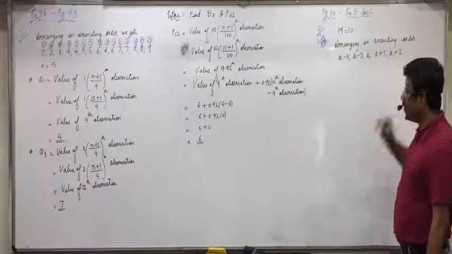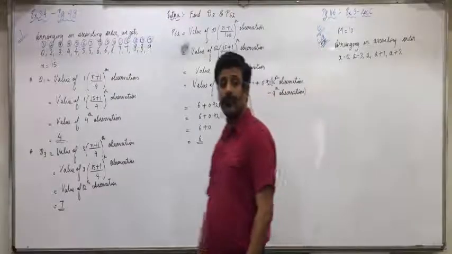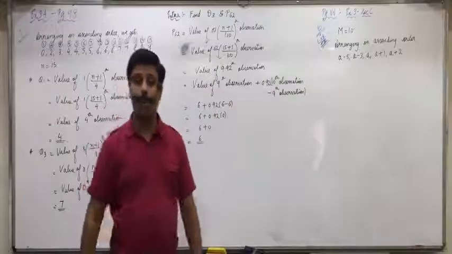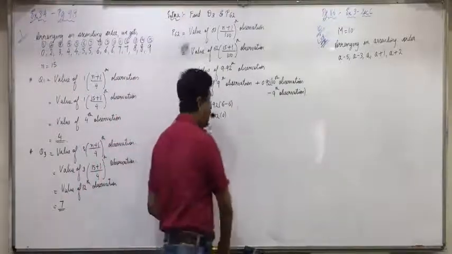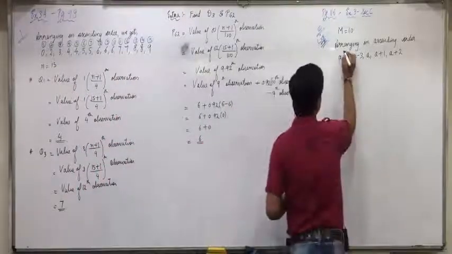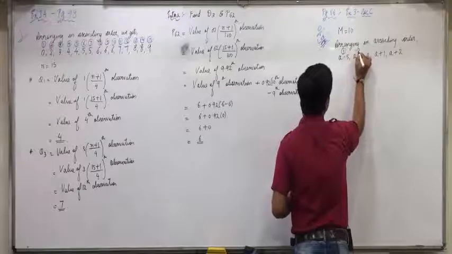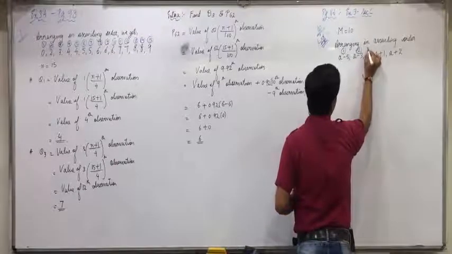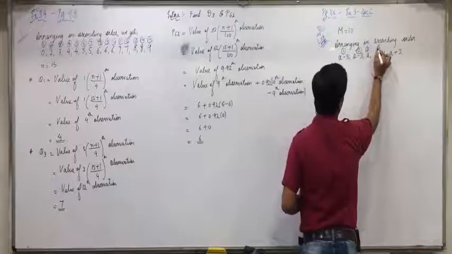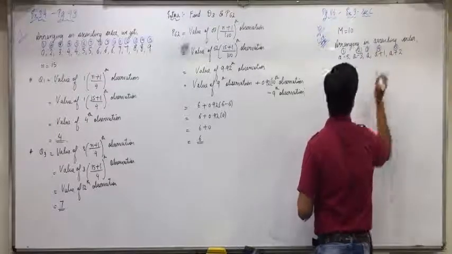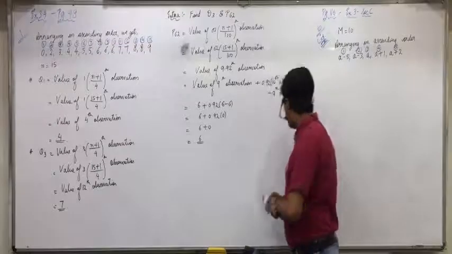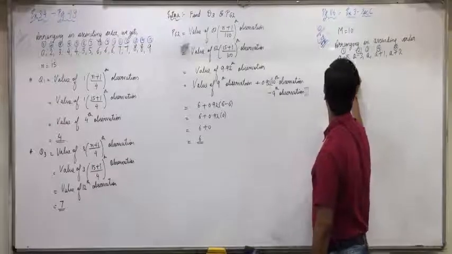Raise your hand who did not understand the ascending order. All are clear with this? Means first observation is A minus 5, second is A minus 3, third is A, fourth is A plus 1, fifth is A plus 2, and n is equal to 5. 5 observations are there.